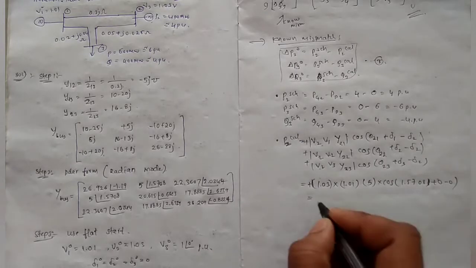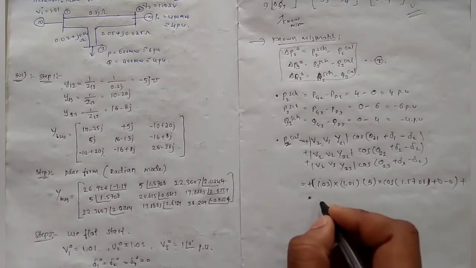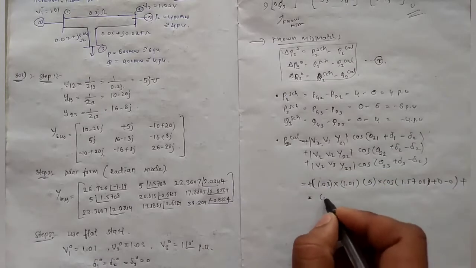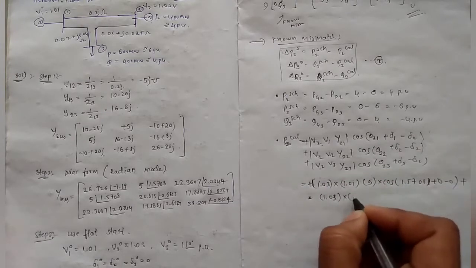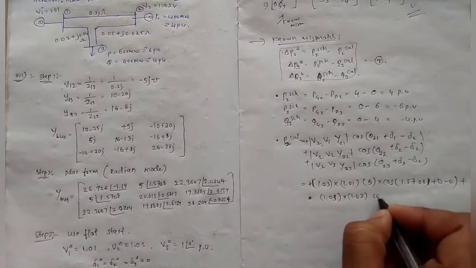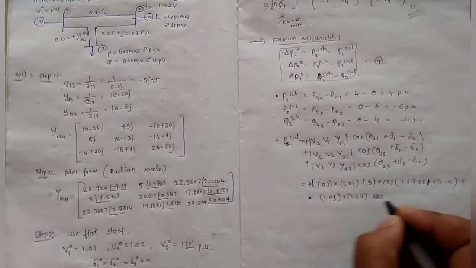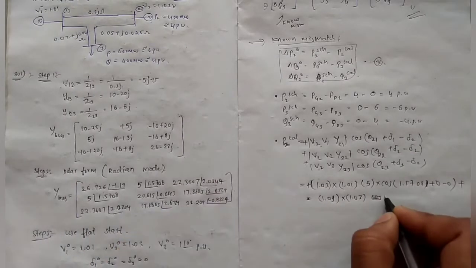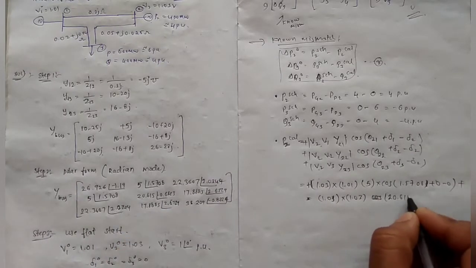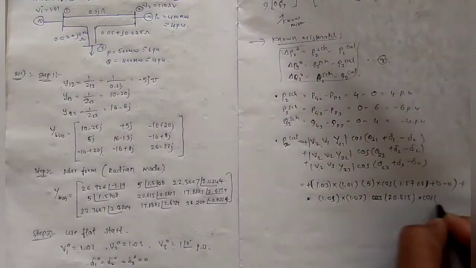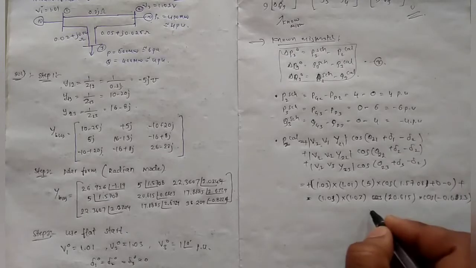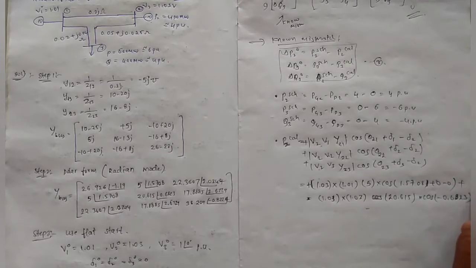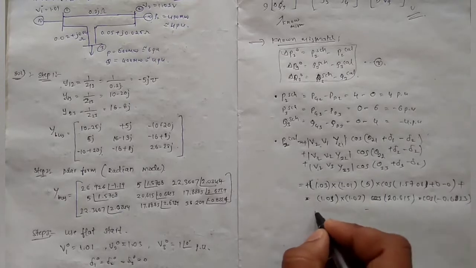After calculating, we have a further step, right? Plus V2 is 1.03 into V2 is 1.03 again, cos, sorry, Y22 we have. Y22 is 20.615 into cos of theta 22, this only, minus 0.6823, minus of 0 is nothing but 0 only.